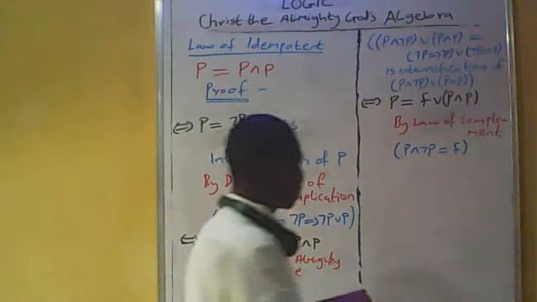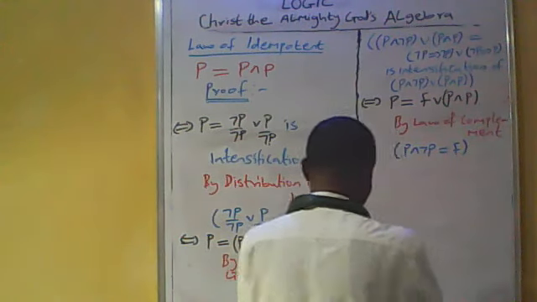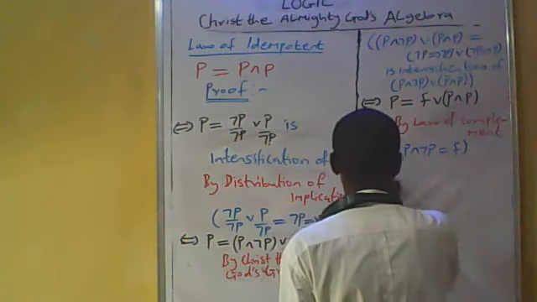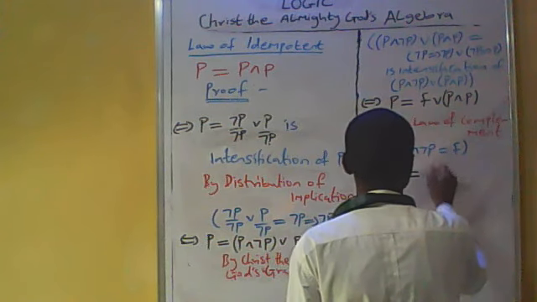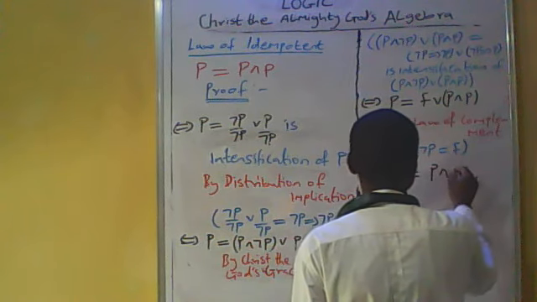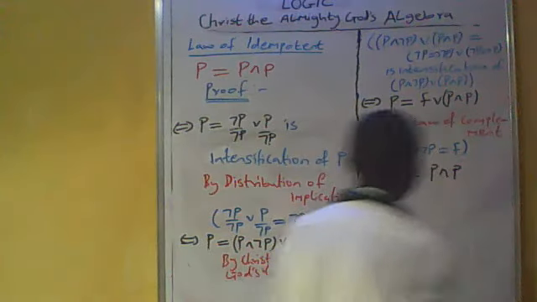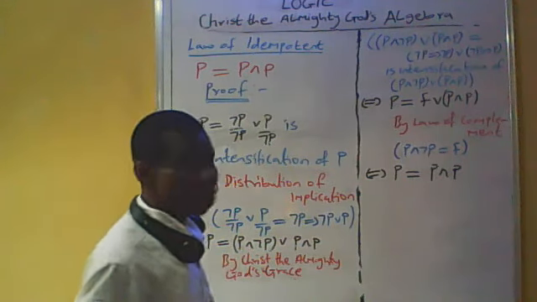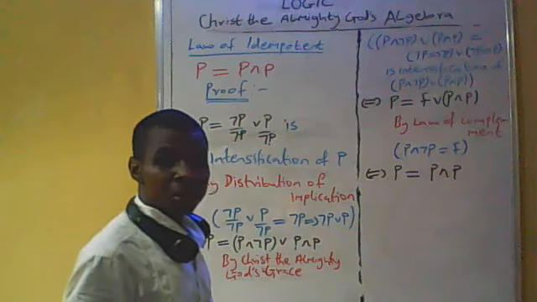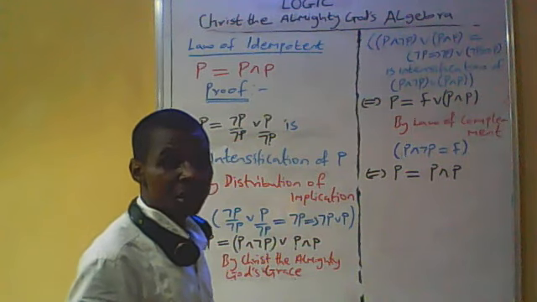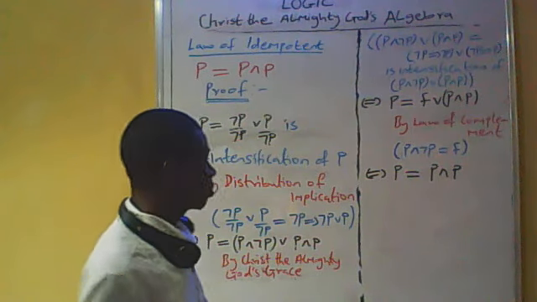That means P is equal to P and P. So by the law of identity, when a contradiction is ORed with any term, it stays as that term.